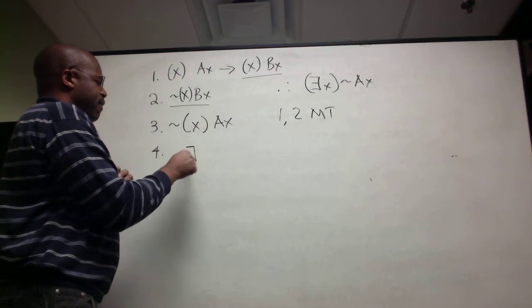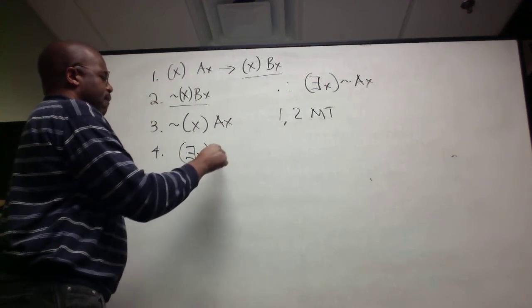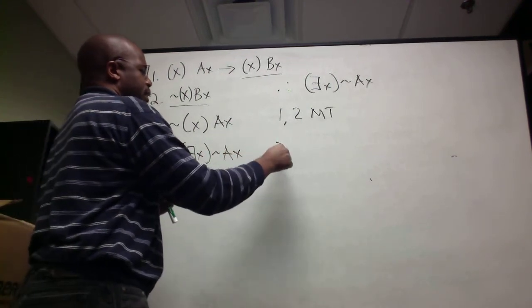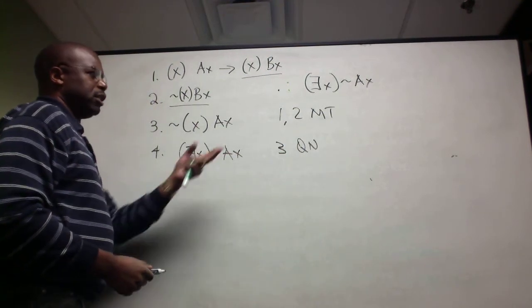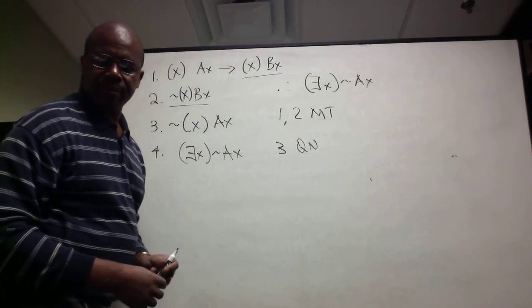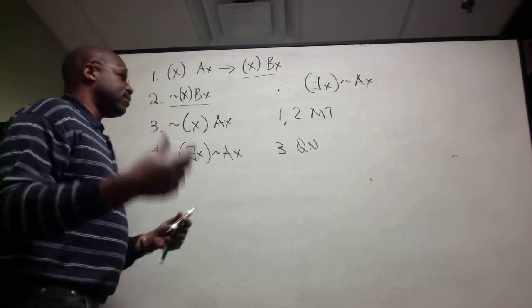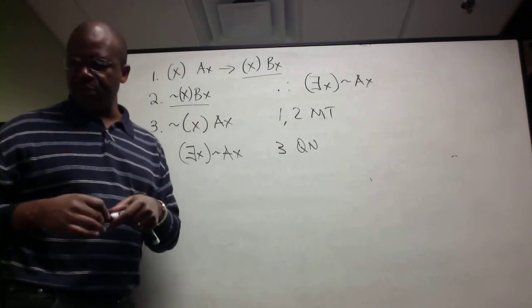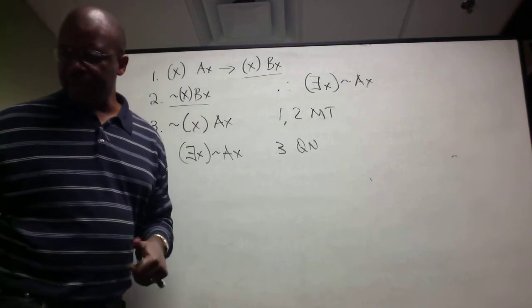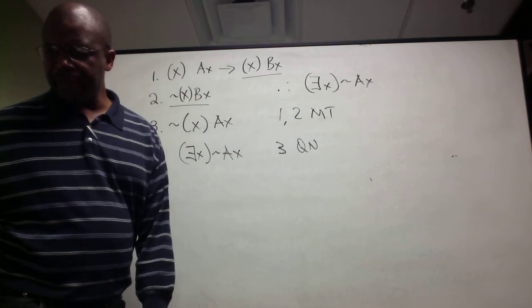And that's what you have. 3, quantifier negation. That's exactly what you're looking for. So again, it's not as difficult as people think it is, or some students tend to think it is. It's fairly easy.